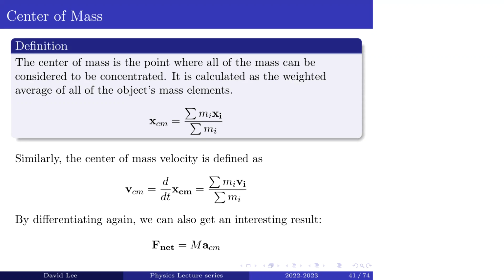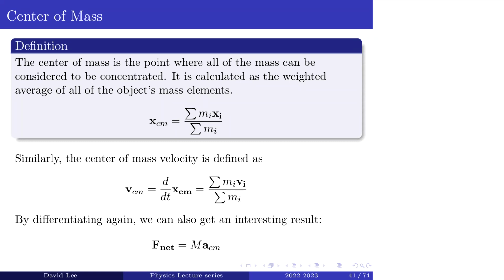This acceleration is interesting because if we differentiate that center of mass velocity equation once more, we'll get that the net force, or the sum of all the forces acting on the particles, is equal to the total mass times the acceleration of the center of mass.